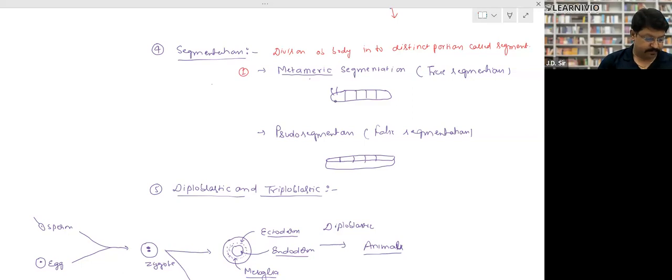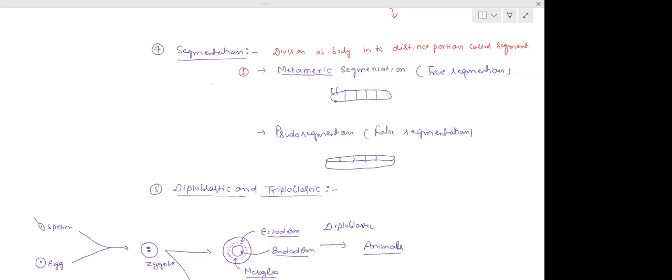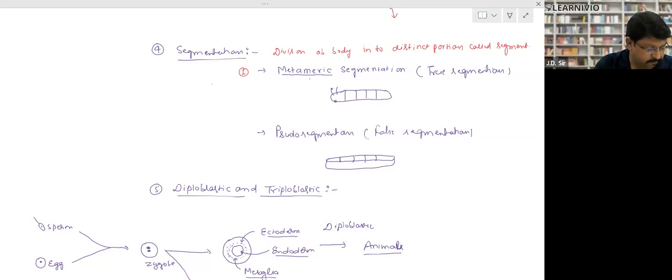Metameric segmentation, or true segmentation, is where external division corresponds to internal division.